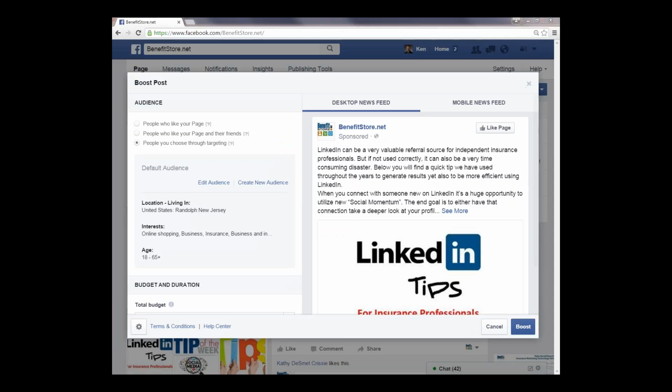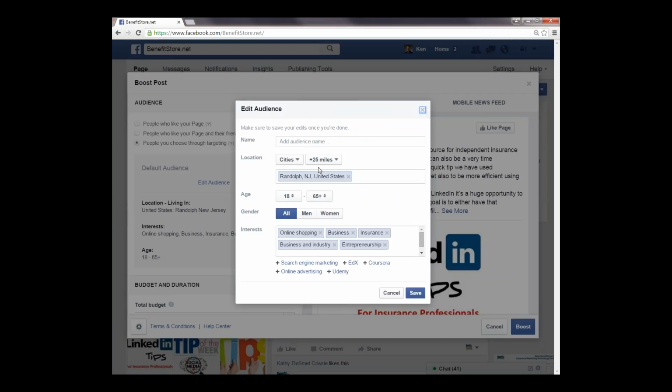What comes up here on the left are what I would call these variables, okay? I'm just going to highlight it real quick so you can see, this area with the X. Basically, you can click on the Edit Audience button, and they will come up with default settings.